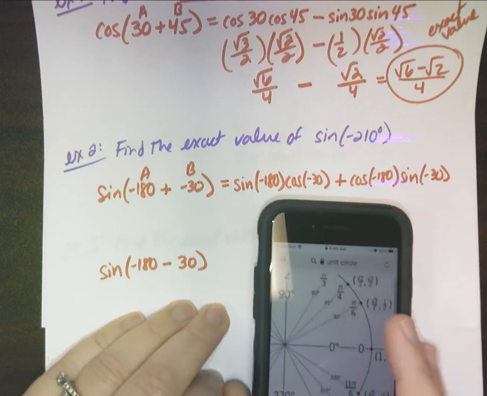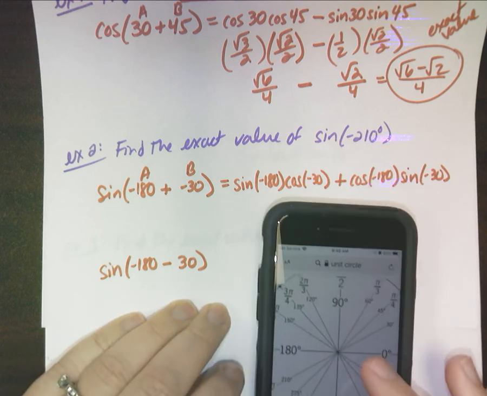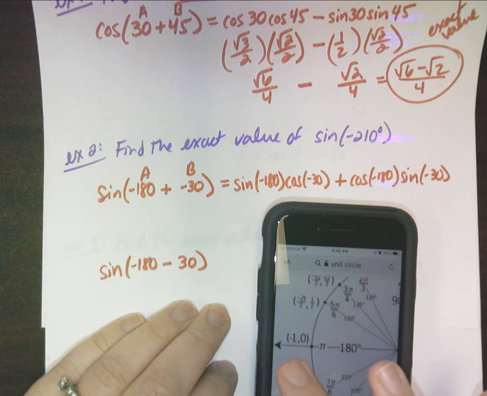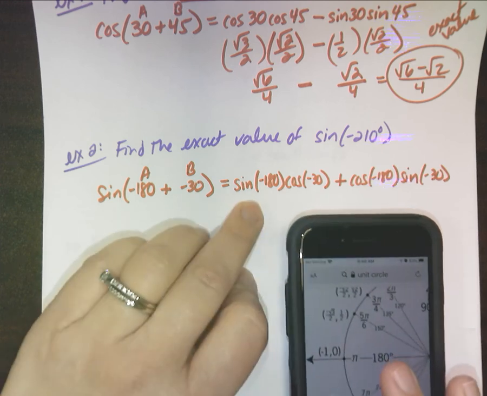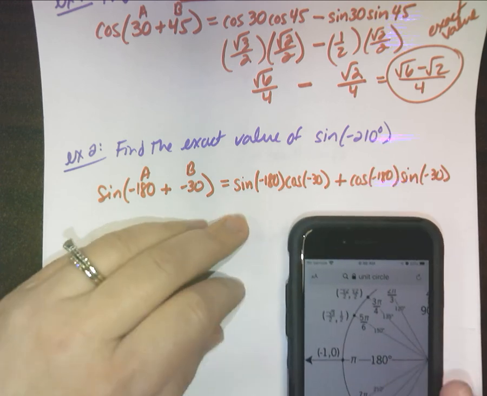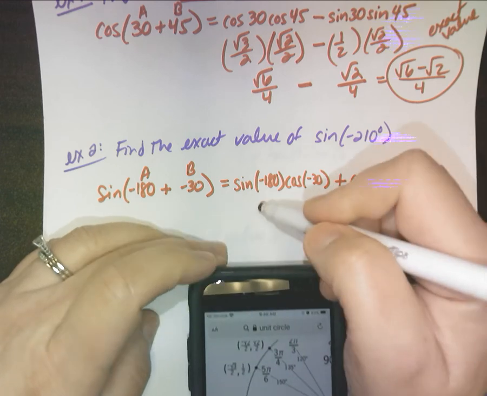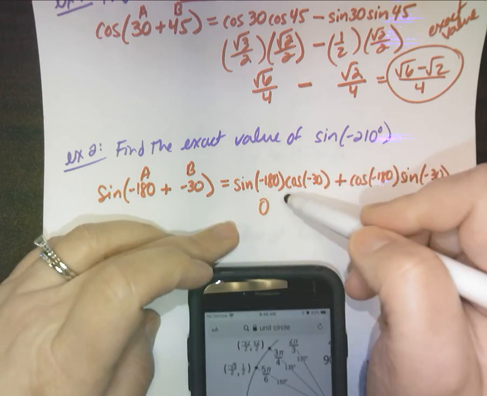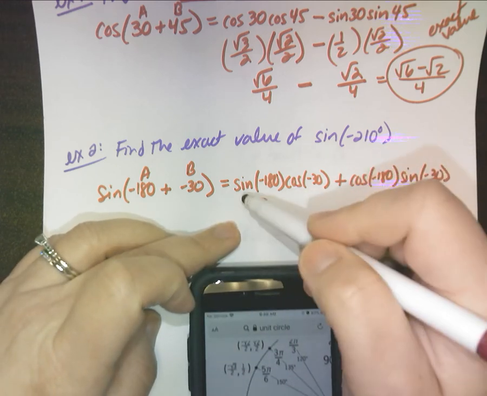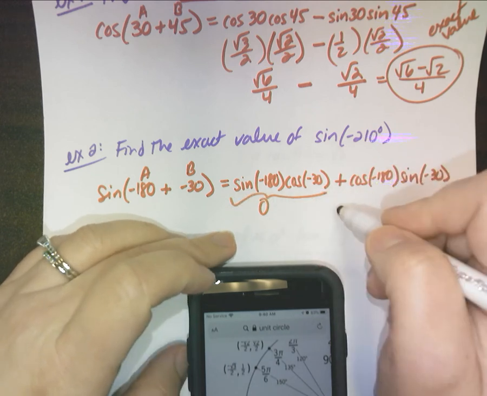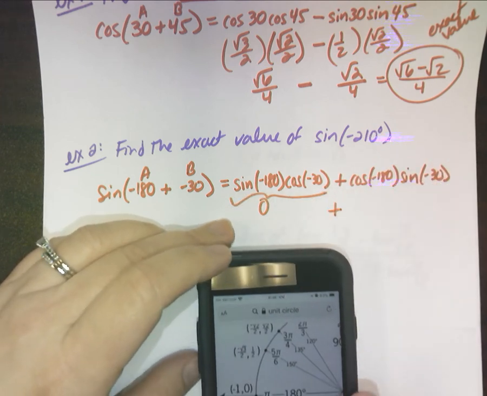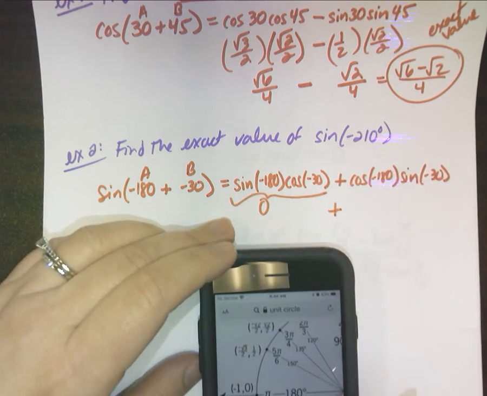So let's go to my unit circle. Negative 180, this would be negative 90. This would still be negative 180. So the sine at negative 180 is 0. Well, then it doesn't really matter what cosine of 30 is. This whole thing is 0. Plus, the cosine at negative 180 is negative 1.